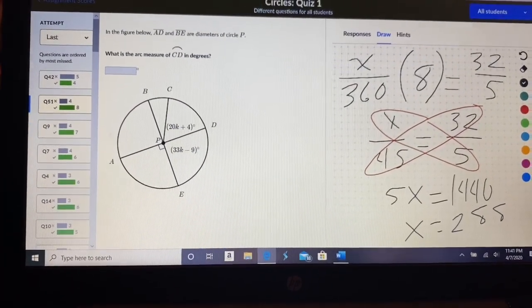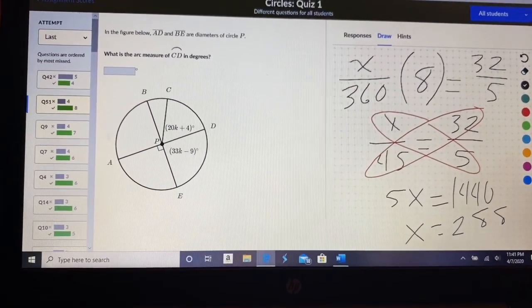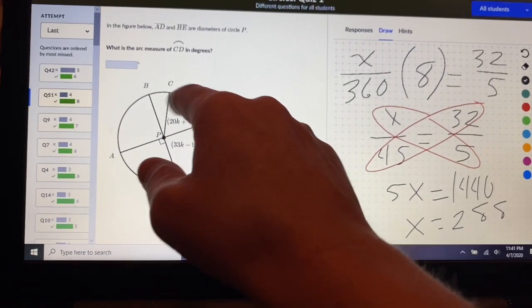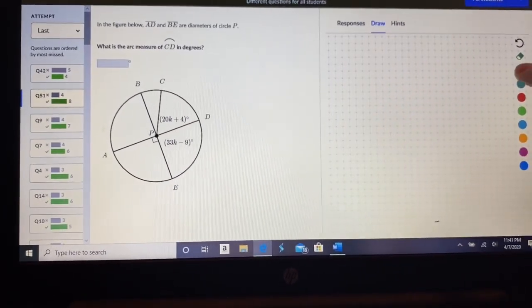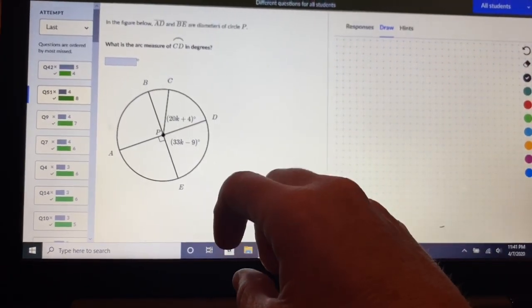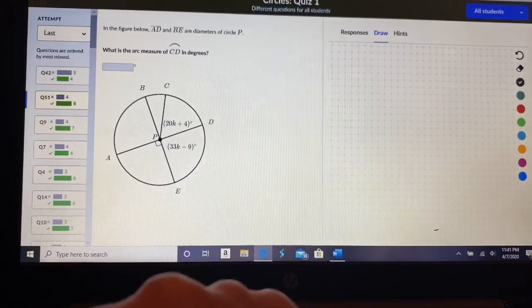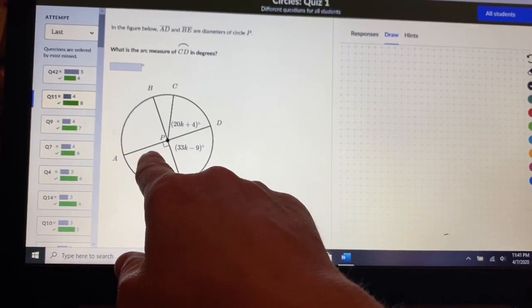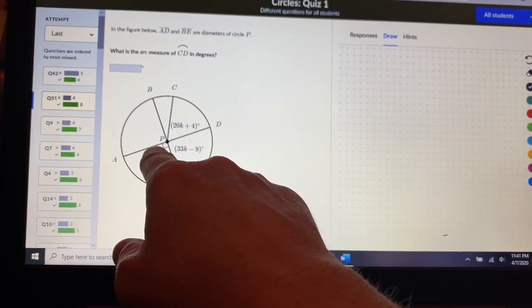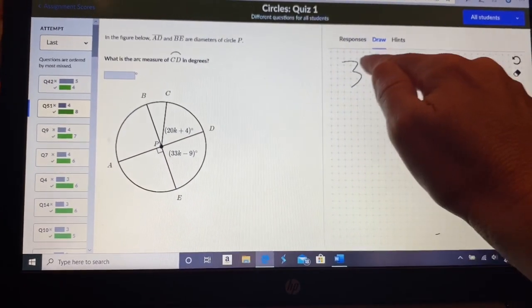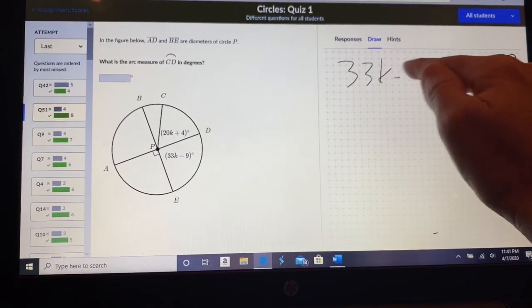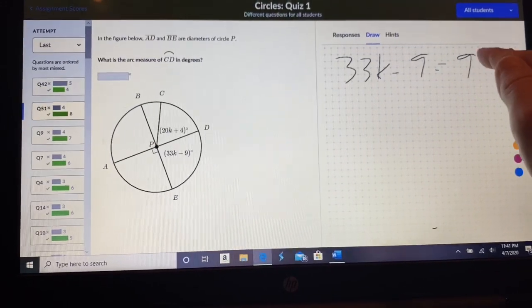Next, most commonly missed on the last attempt at the quiz, it says, what's the measure of CD? Well, this kind of reviews what we had in last week's assignments. First of all, you think, well, how can I solve for these angles? Well, if we notice, that's 90. These two together make a semicircle, so 33k minus 9 must equal 90 degrees.